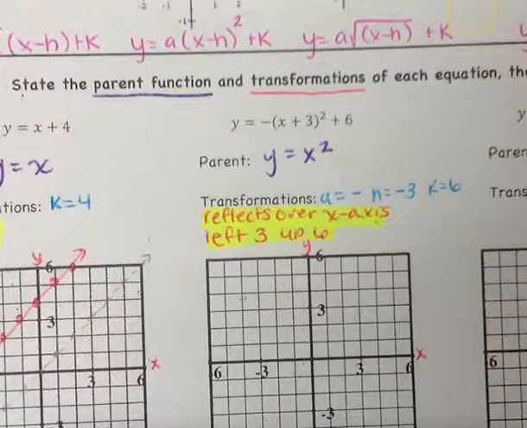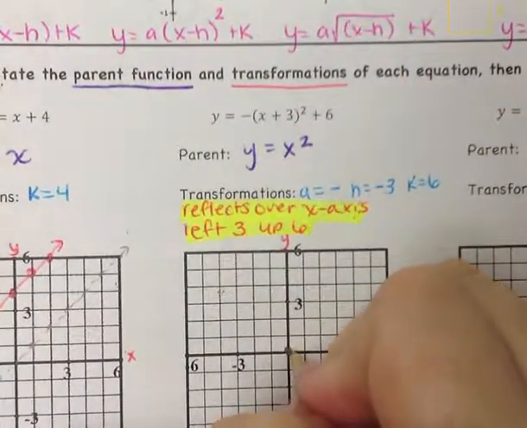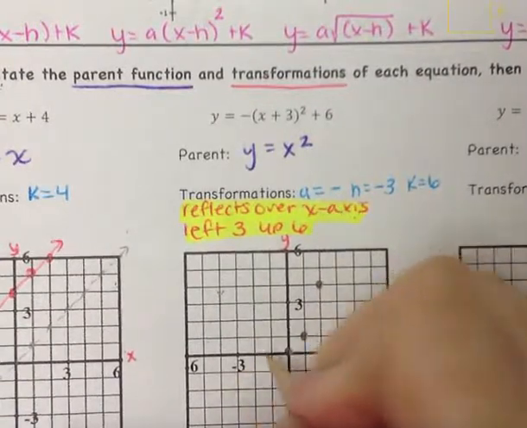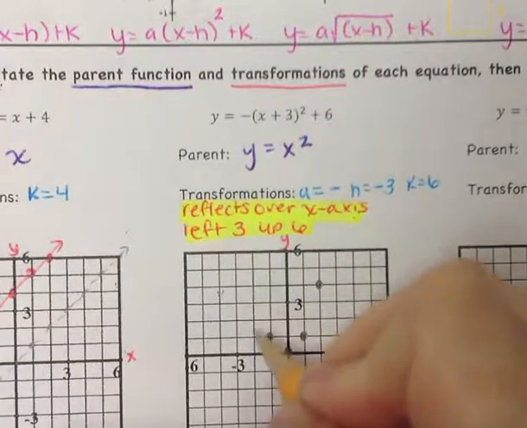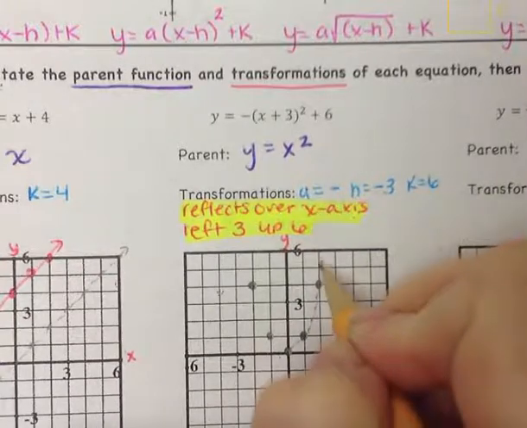And again, we can have our parent function graph. So the parent function of a quadratic goes through 0, 0, 1, 1, 2, 4, and then we can actually mirror them. So I can go to negative 1, 1 to negative 2, 4. And I would lightly graph this.